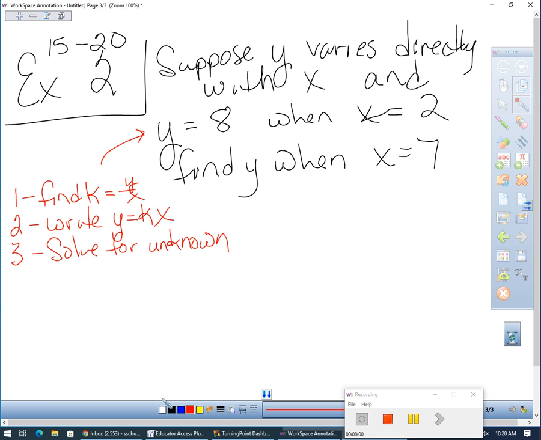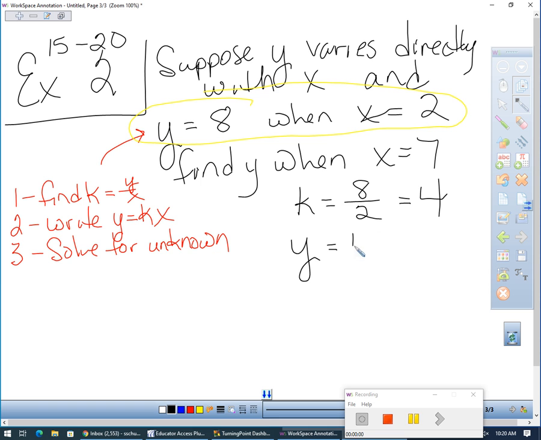All right. So step number 1, we've got to find k. So we're going to use this first line of information. We have y equals 8 when x equals 2. So we got to find k. K equals y over x. What does k equal? Which is what? 4. Thank you. All right. So that's step 1. Step 2. You write the direct variation equation.